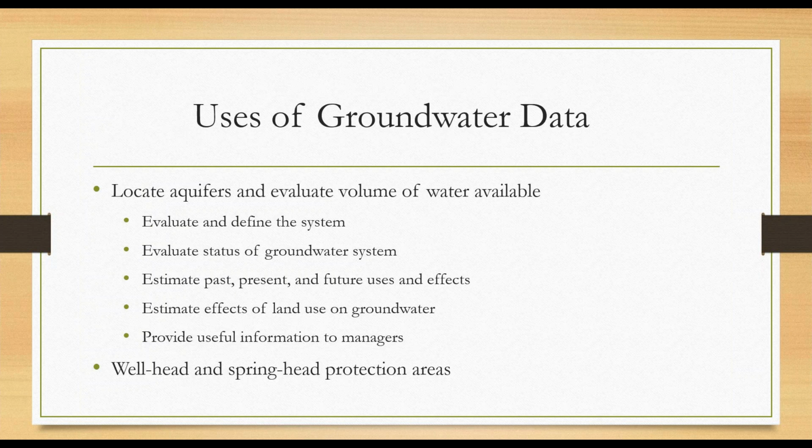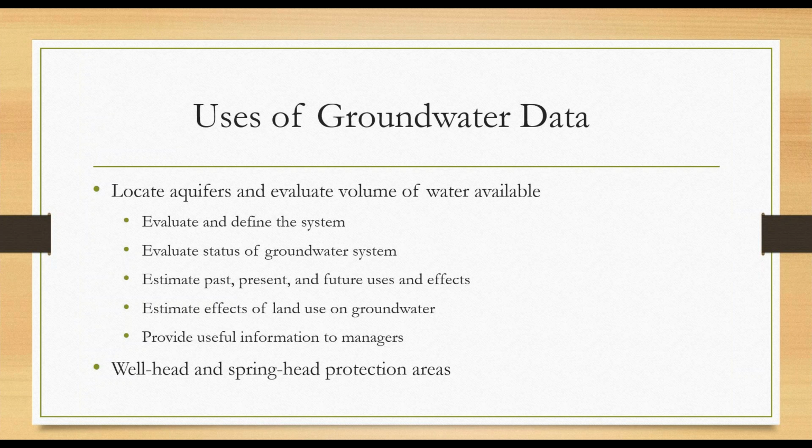So, common uses of groundwater data. We use the data to locate aquifers and evaluate the volume of water available. The data are used to evaluate and define the aquifer system, to evaluate the status of this groundwater system, and to estimate past, present, and future uses or effects on the aquifer system.